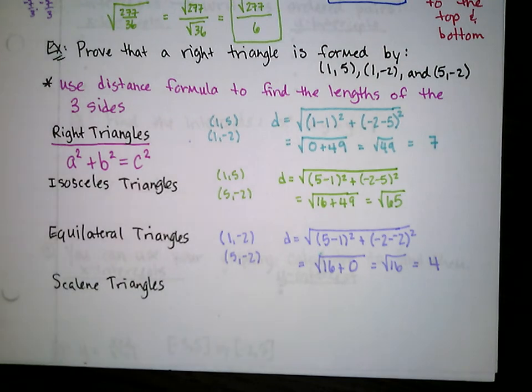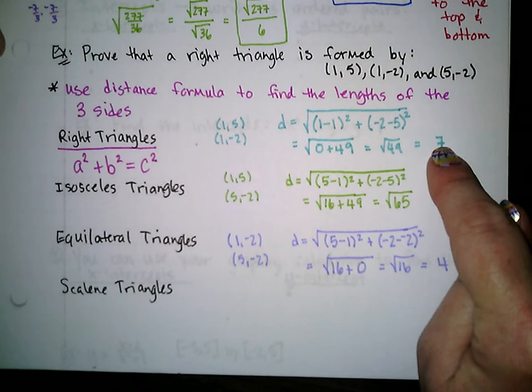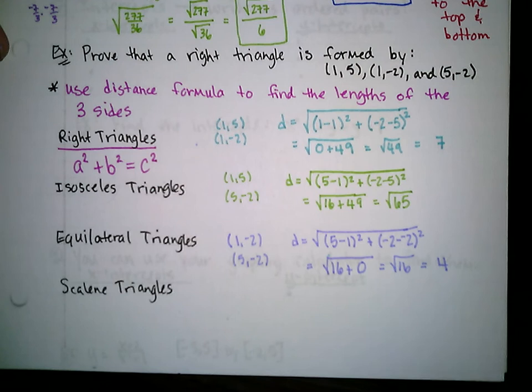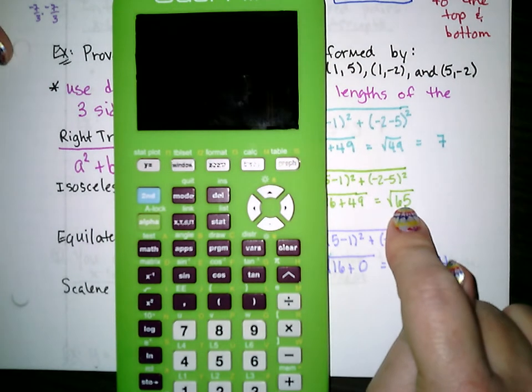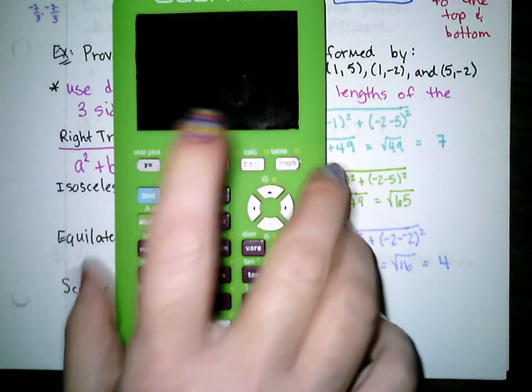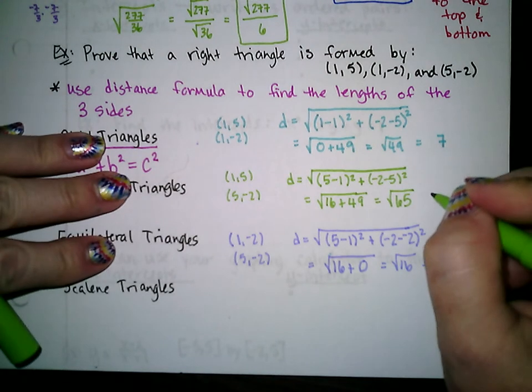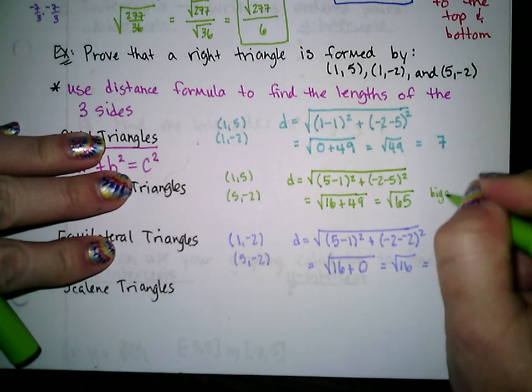And in order for the Pythagorean theorem to hold, it's the two shorter sides squared adds up to be the longer side squared. So 7 is obviously 7. 4 is obviously 4. Square root of 65 is bigger than 7 because 7 squared is 49. And it's actually bigger than 8 because 8 squared is 64. So this square root of 65 is a bit bigger than 8, but not much.